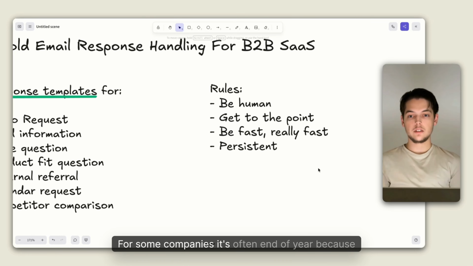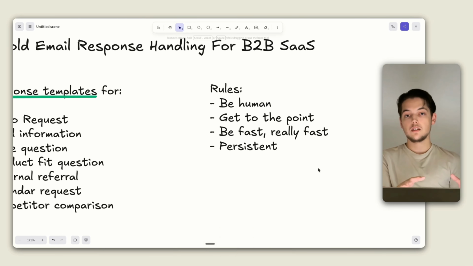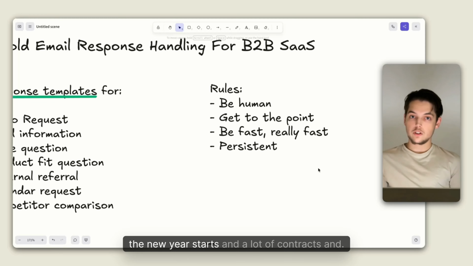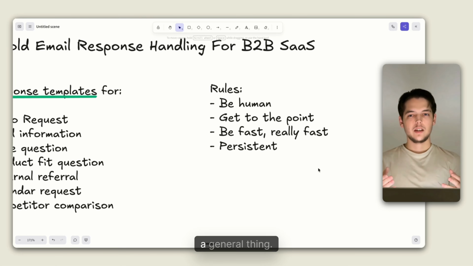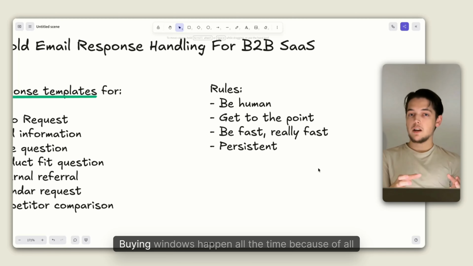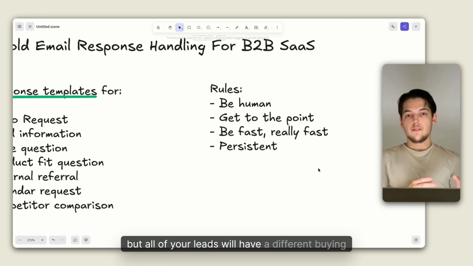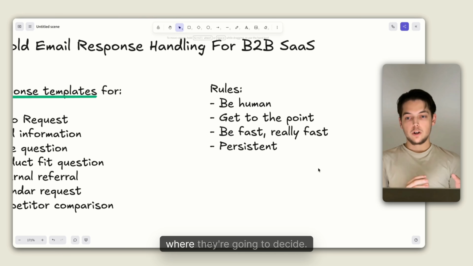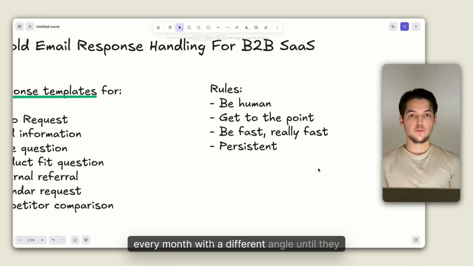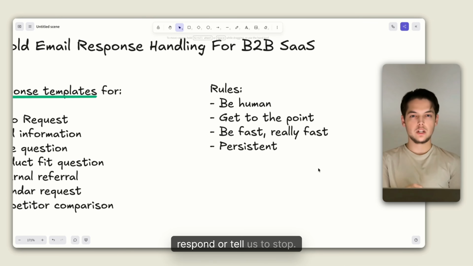For some companies, it's often end of year because then the new year starts and a lot of contracts, but that's just a general thing. Buying windows happen all the time because of all different sorts of reasons. But all of your leads will have a different buying window where they're going to decide, which is why we send cold emails, for example, every month with a different angle until they respond or tell us to stop.